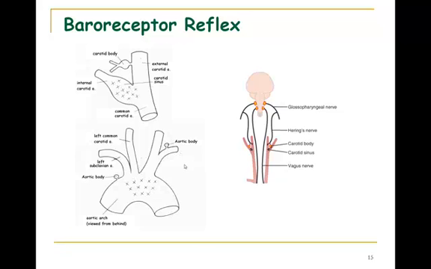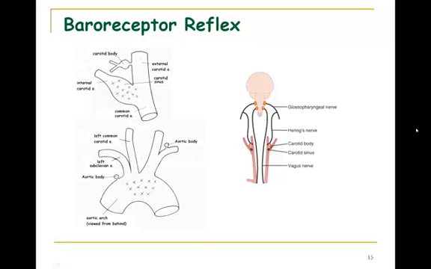These baroreceptors sense changes in pressure, and they send their information up to the vasomotor center through two different pathways. The ones in the aortic arch move up through the vagus nerve, sending the sensory information through the nucleus tractus solitarius, up to the medulla, to the vasomotor center.